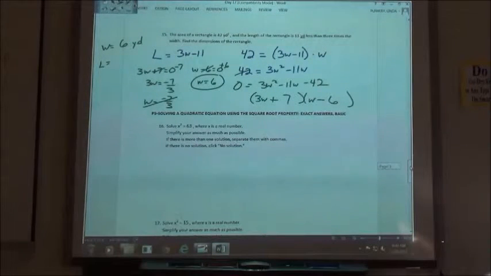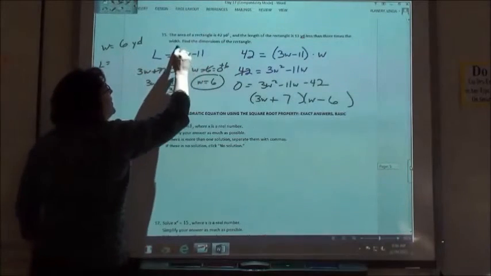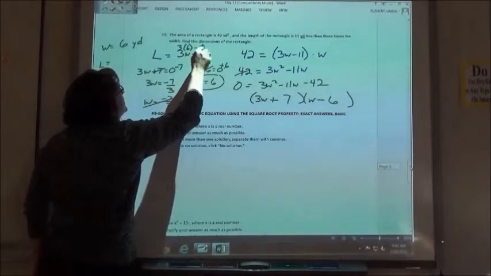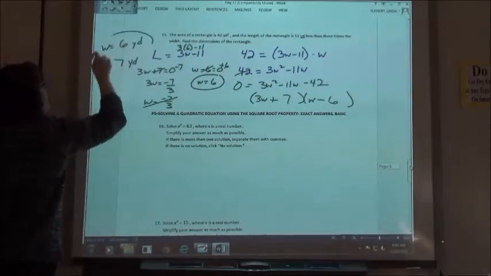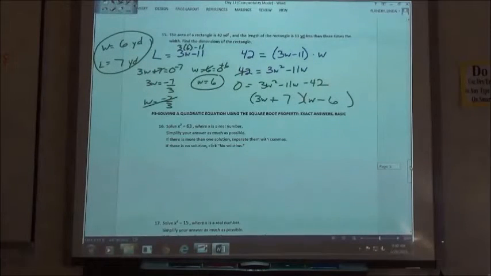How'd you get that? 3 times 6 minus 11. So we went back and said, we've got to find the length. The length is 3 times 6 minus 11. So 18 minus 11 gave me 7, right? And we know 6 times 7 is 42. Yep, that would check out.